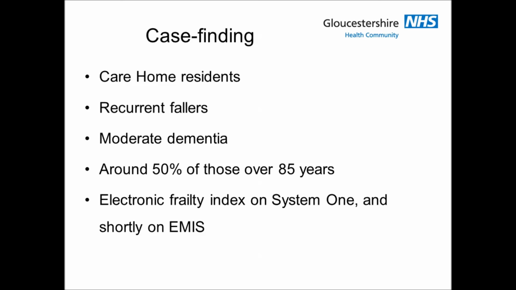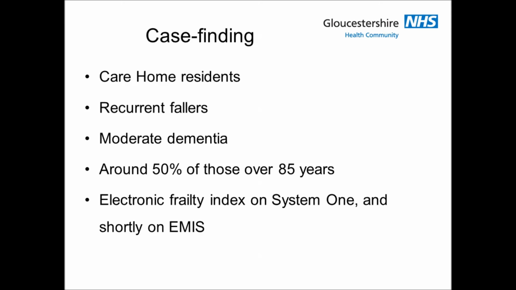Once one establishes moderate degrees of dementia, it's likely to be frail. And actually one could generalise, though there are many fantastically fit and wonderful 90-year-olds around, our surveys show that on average 50% of those people over 85 years old will have some degree of frailty. So age, yes, to some extent.